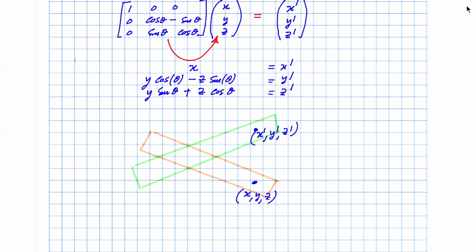So what we did was we tried to find a relation between this coordinate and here with the given angle theta. So now if you check this one, you can see this y prime, which is this guy, you are writing in terms of these coordinates and the angle. That's what we do.